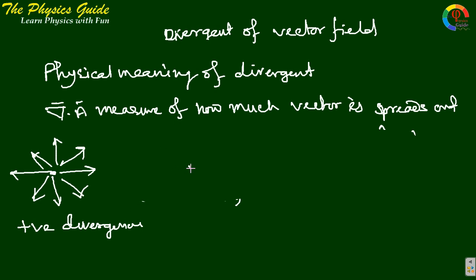If there is a point and the vector field direction is inward to the point from all directions, we can say it is a converging field or negative divergence.